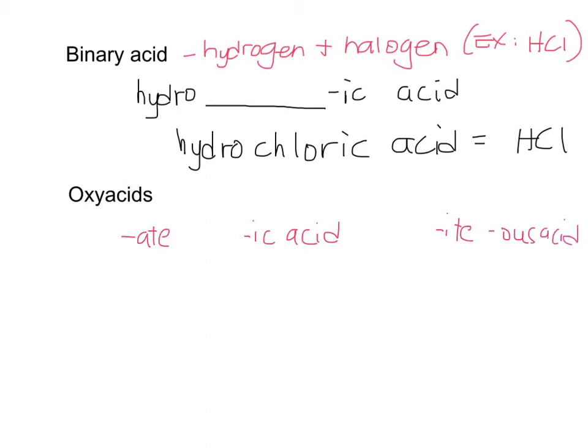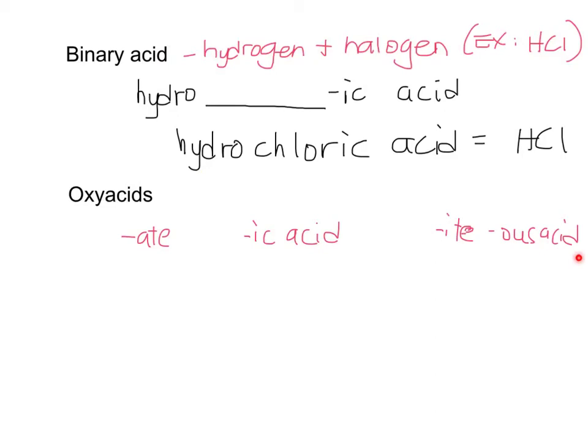So let's look at what this means. You don't need to write hydro. Hydro only works with binary acids. When we go with oxyacids, it's basically the name of the polyatomic ion with the ending changed to ic acid or us acid, depending on the ending.